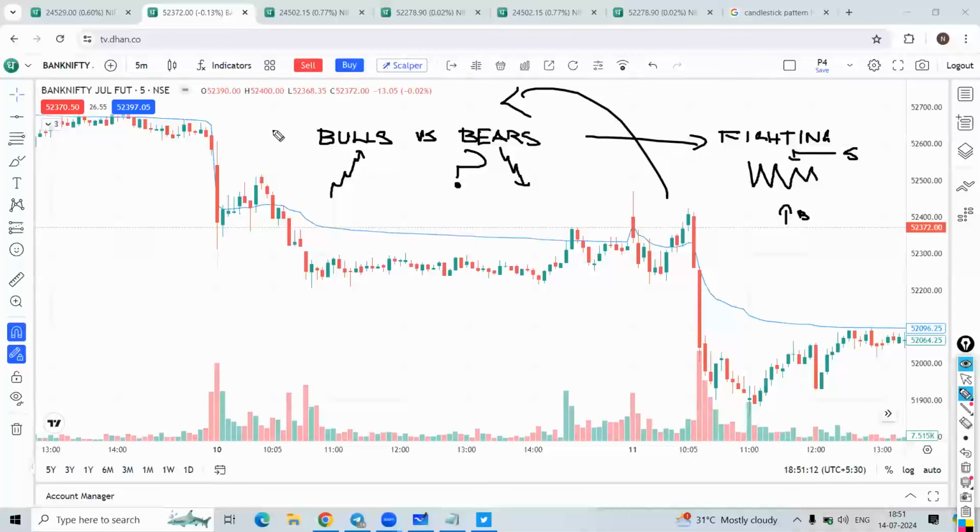Now, tell me, is this as simple as it can be? Very simple. Actually, market, that's it. This is the way of market movement. But what we traders do, we try to overcomplicate. Sir, I will add minimum 5 indicators. Or I will mug up all the candle patterns, all the chart patterns.